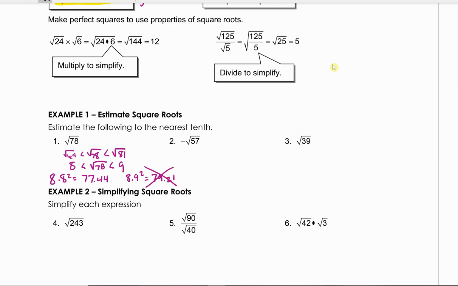So that's not going to work. So it's about 8.8. That is estimating.